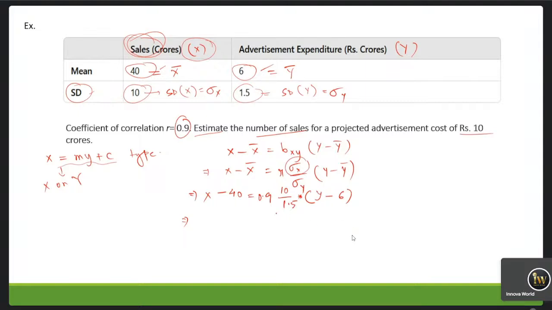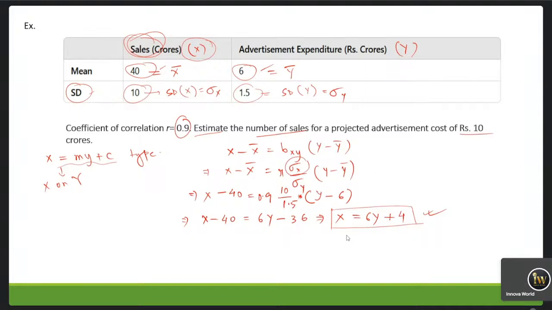So we get x minus 40 equal to 6y minus 36. And again after simplification, we get x equal to 6y plus 4. So this is the model, or predicted model, according to this given data set.